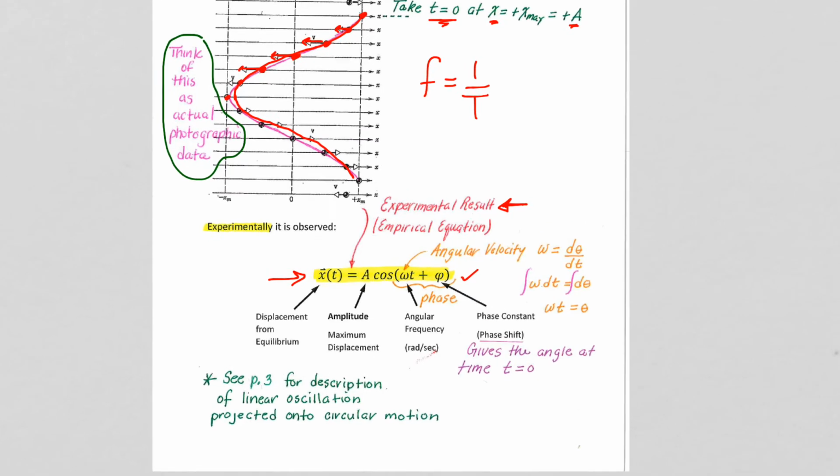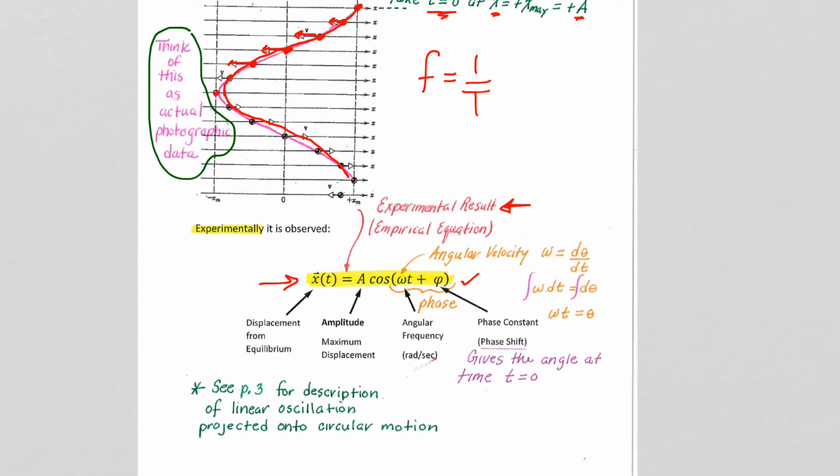Well, notice that we've introduced a rotational variable. We have omega. So we know omega equals 2 pi f, and we can certainly see where the f comes from.